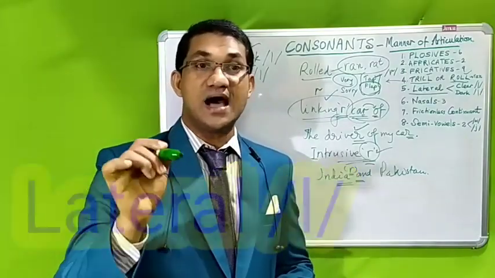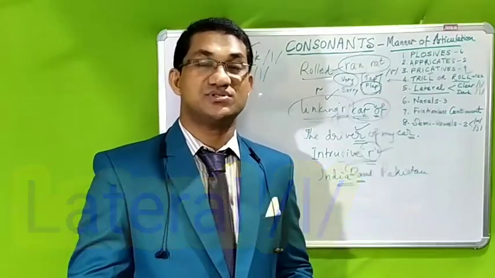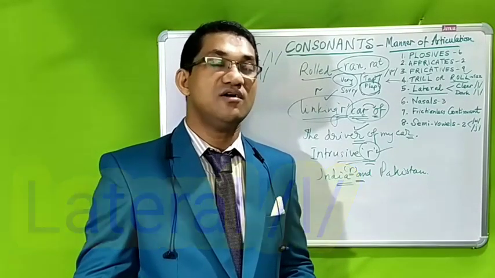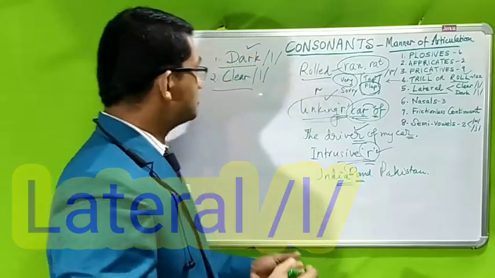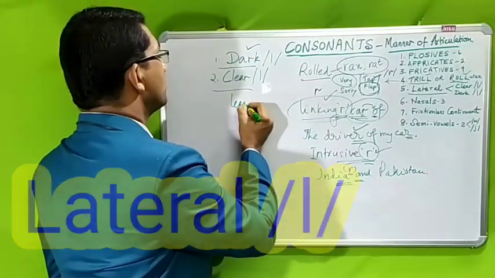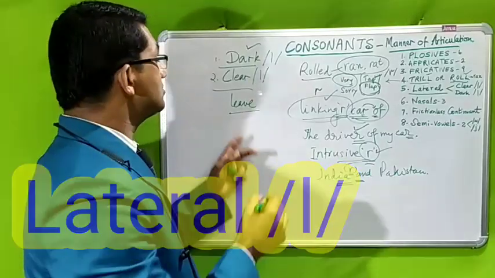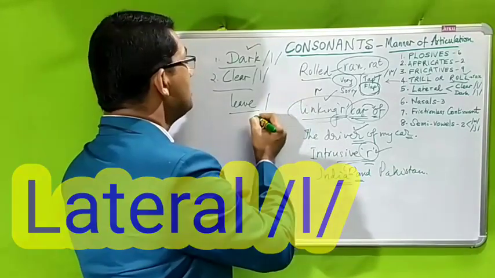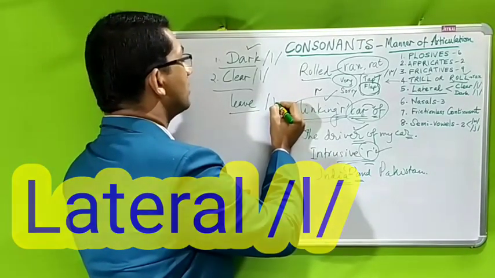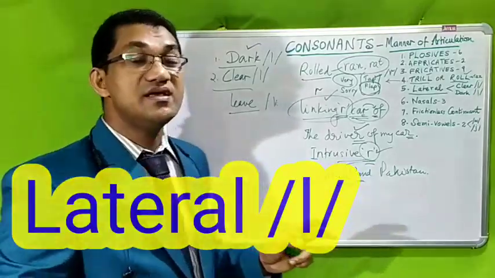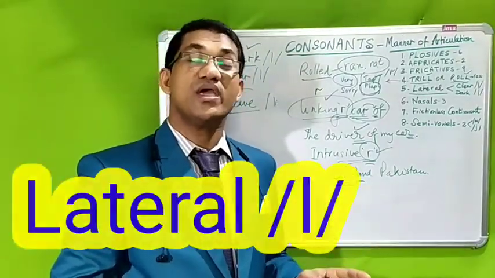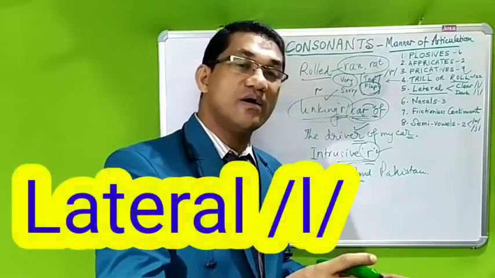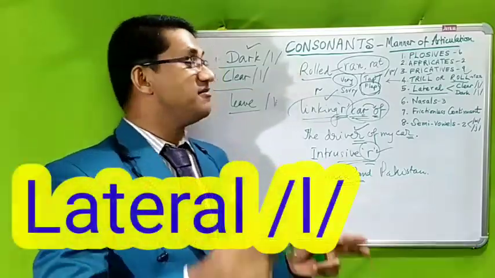These lateral sounds are sometimes articulated with more fronting of the tongue, as in the case of leave. When you say leave, we have the long E sound. The tongue in leave is fronted more than in the case of fell.